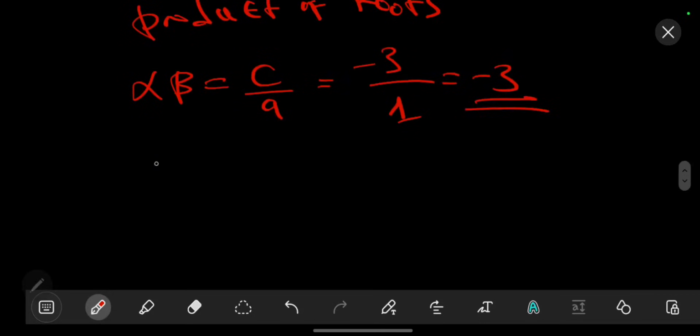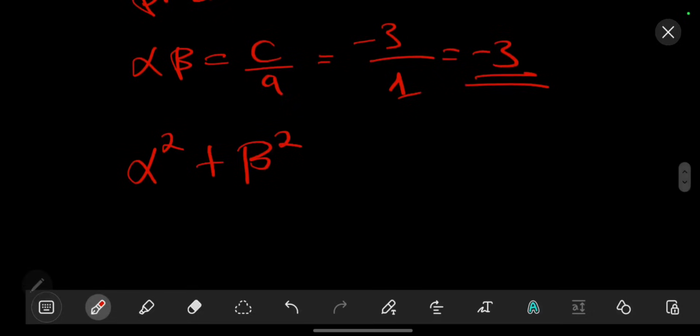So let's say we want to find the identity that can be used for alpha squared plus beta squared. To derive it, since we have alpha plus beta, we are going to just remove the powers and say alpha plus beta, then square it, and expand this.